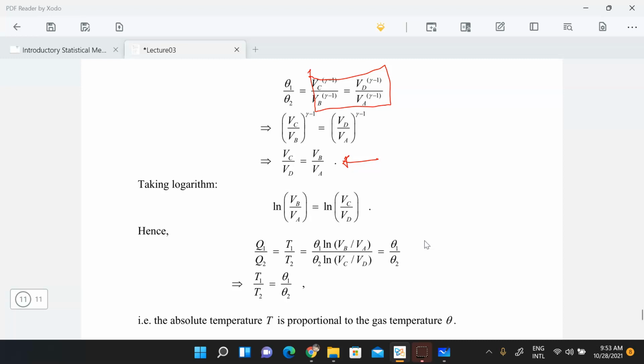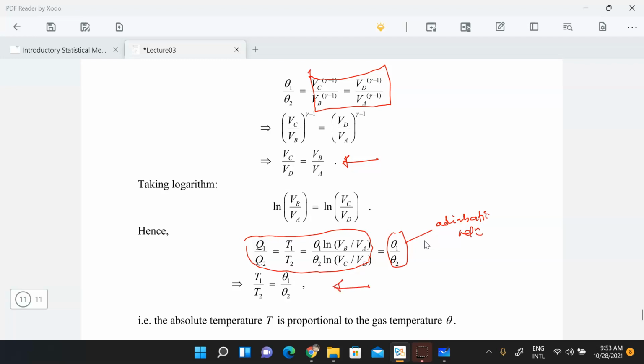Okay, so plug all those things in, and then you'll find that I have the earlier equation, which is that. This is our earlier equation. Now we reduce that to this using the adiabatic relations. So finally, what does it say?